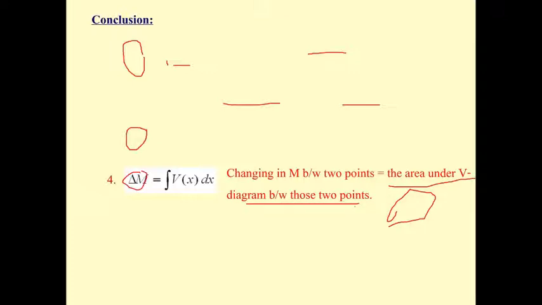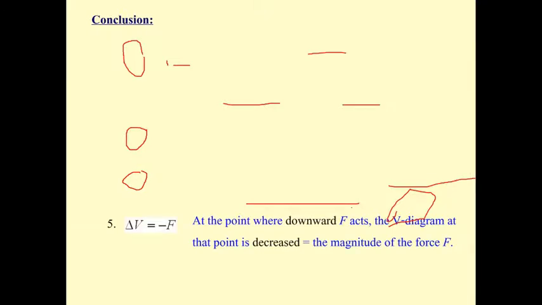Let's say between A and B, the change in the moment between A and B is the area of the shear diagram between A and B. And if we have the point load acting downward, the shear diagram at that point will decrease by the magnitude of the force. And if it's upward, that means it's going to be increased.